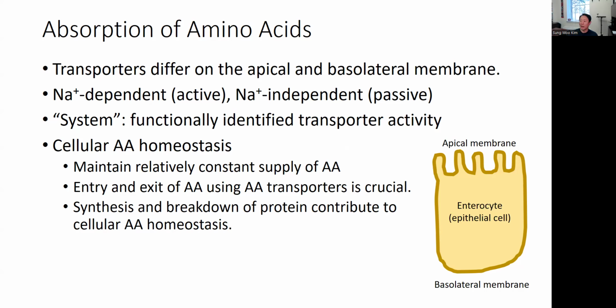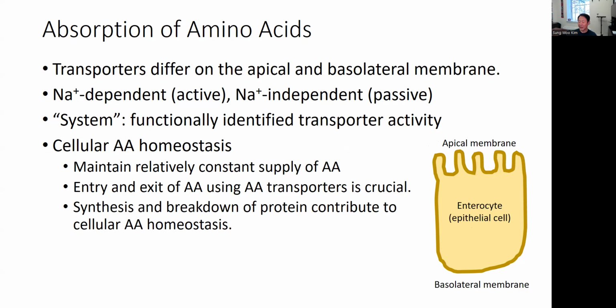If you see a nicely drawn enterocyte, or intestinal epithelial cell, at the top, which is the apical side, you see a very finger-like structure. How do you call this? I'm sure you learned. It's a microvilli.